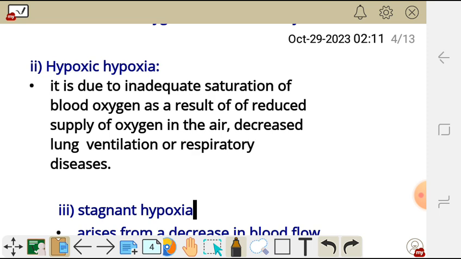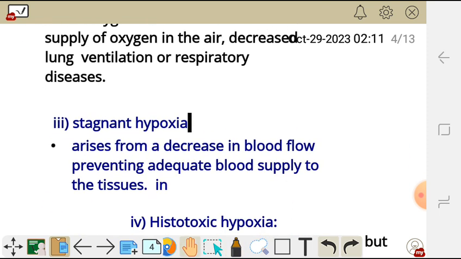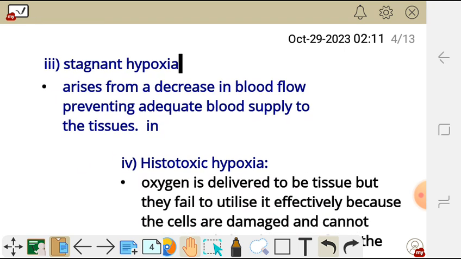So apart from hypoxic hypoxia, we have stagnant hypoxia. As the name says, this arises from a decrease in blood flow. So the flow of blood to the tissue or an organ is reduced, preventing adequate blood supply to the tissues.